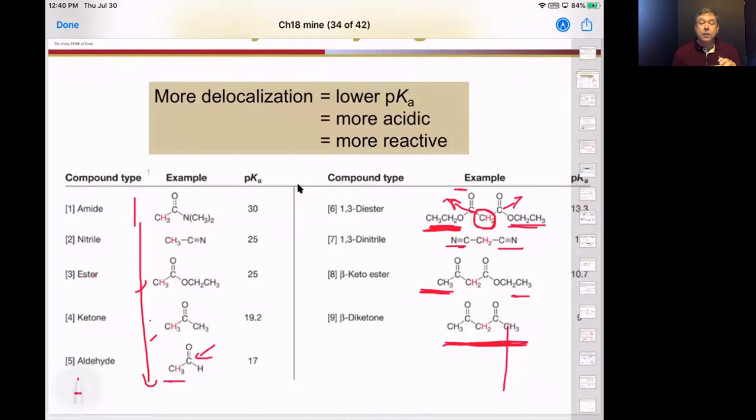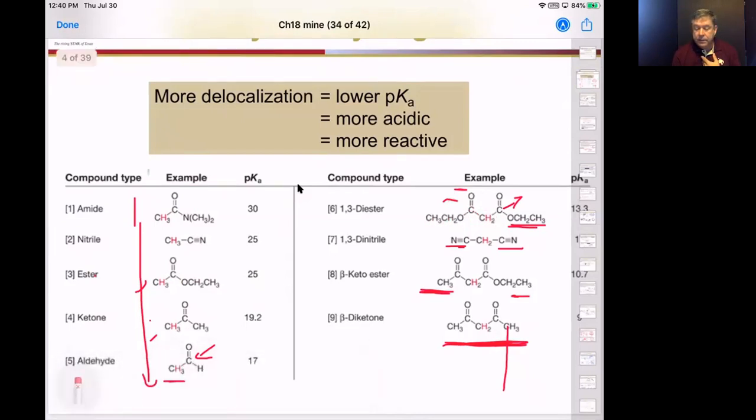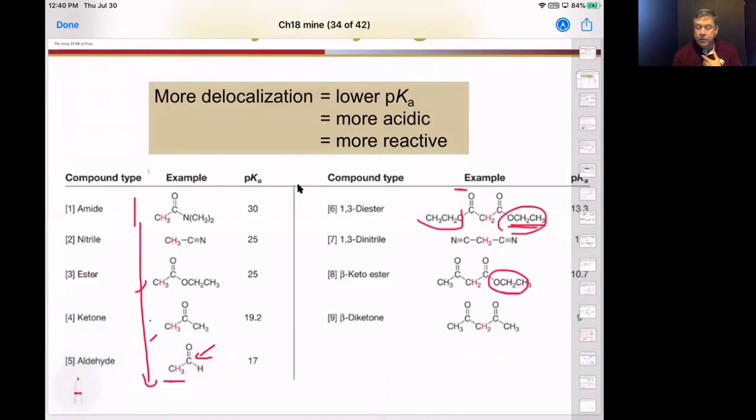Okay. And so if that's the effect of just one carbonyl, then the same effect is seen with 2 carbonyls. Notice the esters here are less acidic than the cyanos, which are less acidic than the keto ester, which is less acidic than the diketone. Okay, so as you remove electron donating groups from the outer edges of your carbonyls, it gets even more acidic.